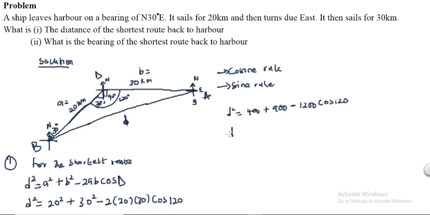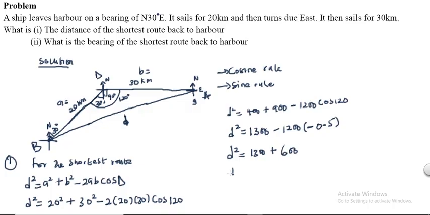So from here, we know that D square is equal to 400 plus 900 is 1300 minus 1200 cosine 120, and cosine 120 is minus 0.5. And then we have D square as equal to 1300 plus, this is 1200 times 0.5 is 600.